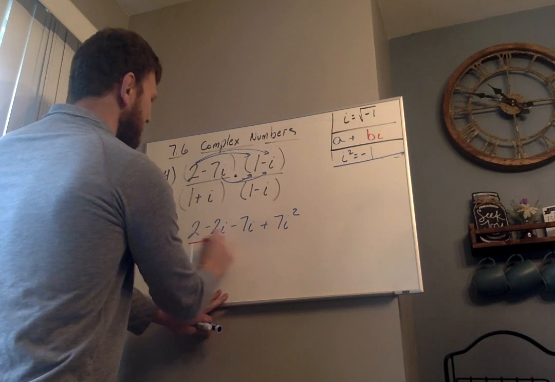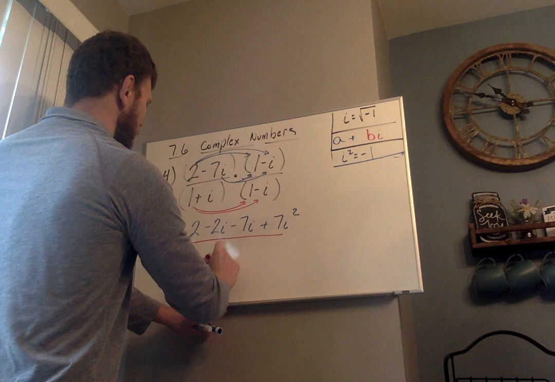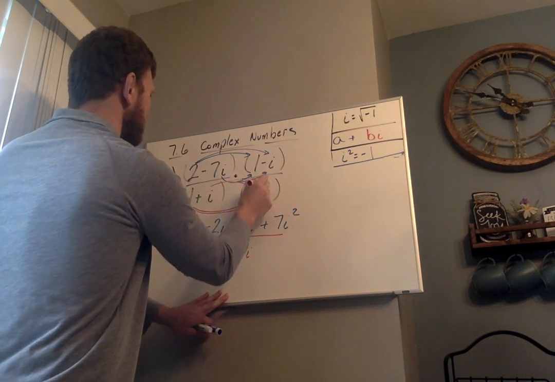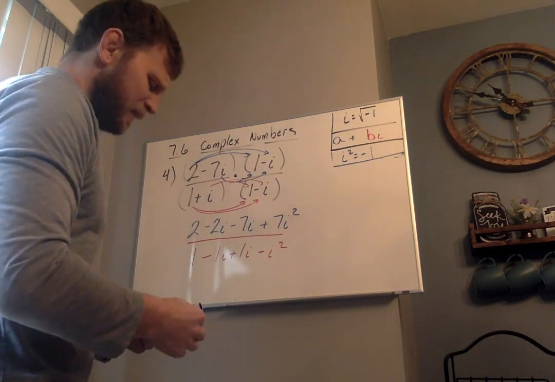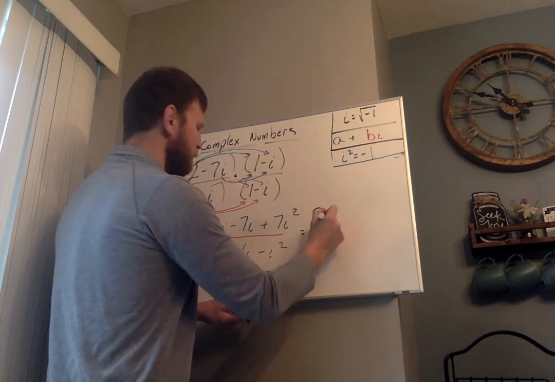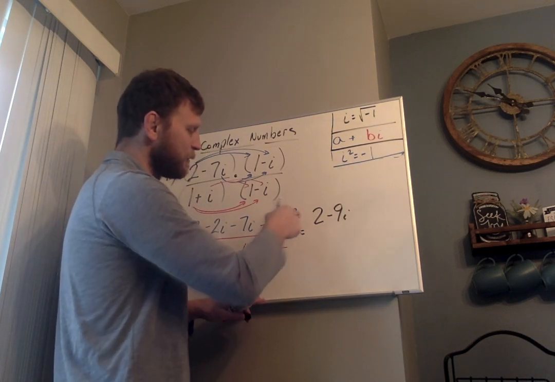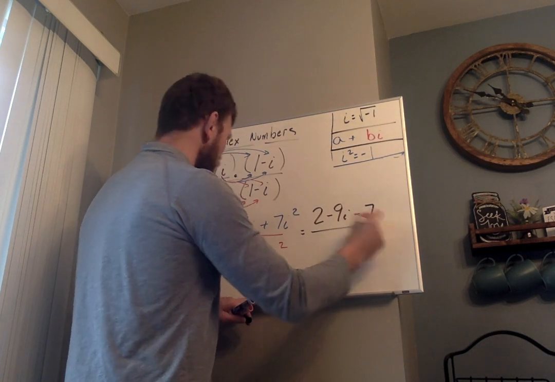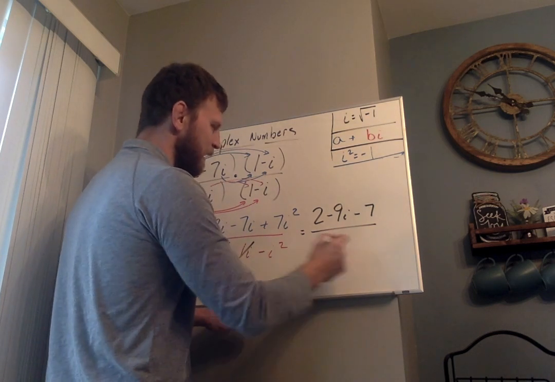On bottom, we have 1 minus 1i plus 1i minus i squared. So here I'm going to have 2 minus 9i. i squared is negative 1, so this is going to be negative 1 times 7, so that's going to be negative 7, over... these cancel. 1 minus negative 1.